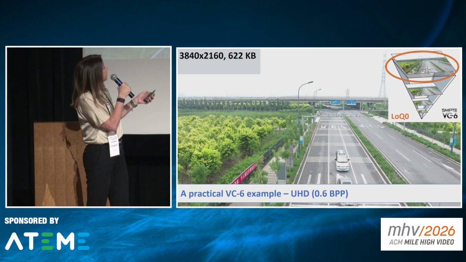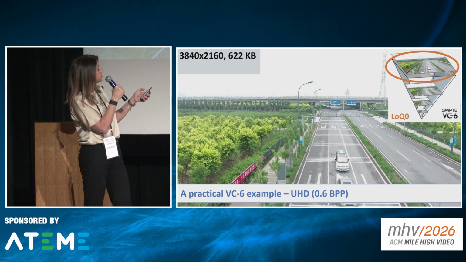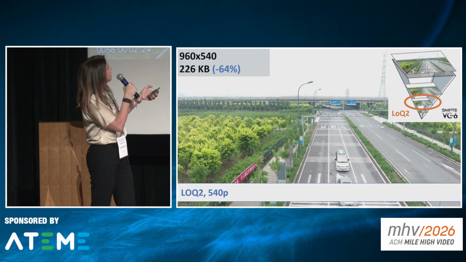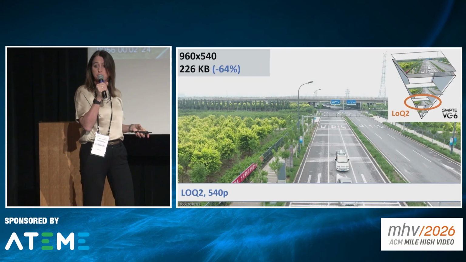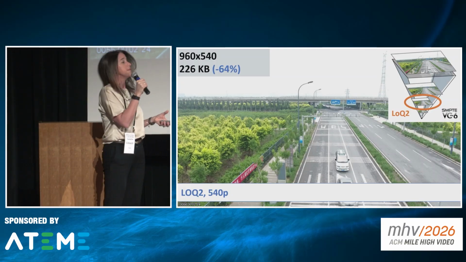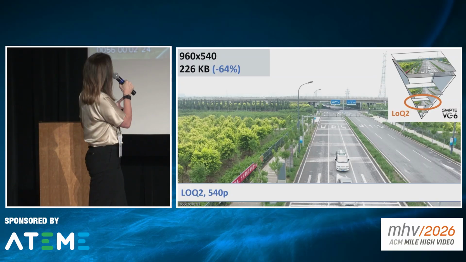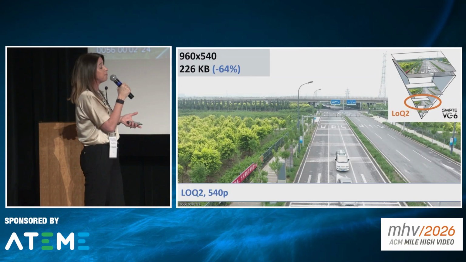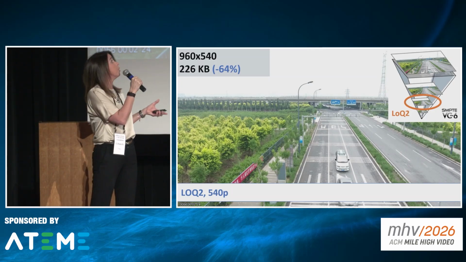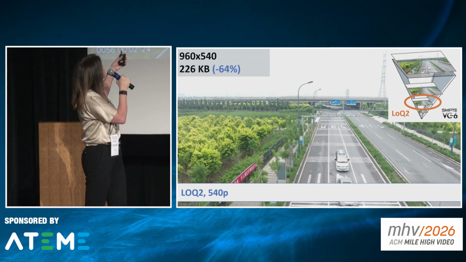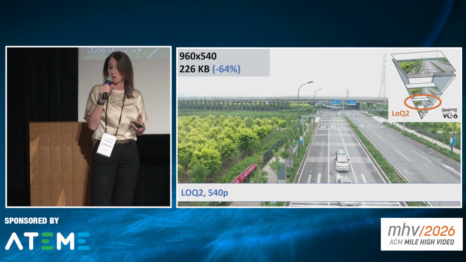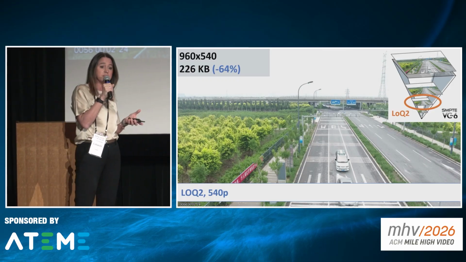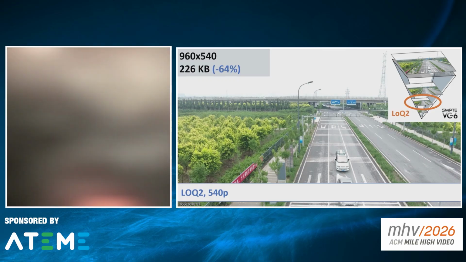So what happens if we navigate the VC-6 hierarchy and we select two levels of quality below what we call LOQ0? In this case, we're looking at the 540p video, which means that it's 64% smaller in terms of size compared to the original picture, and is 1/16 of the pixels.